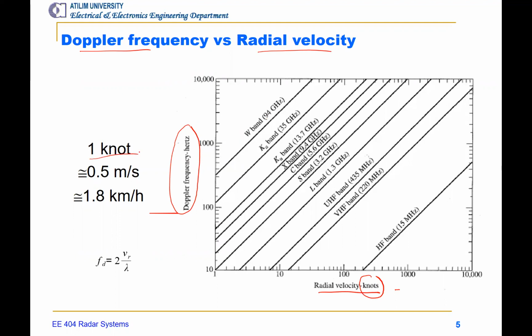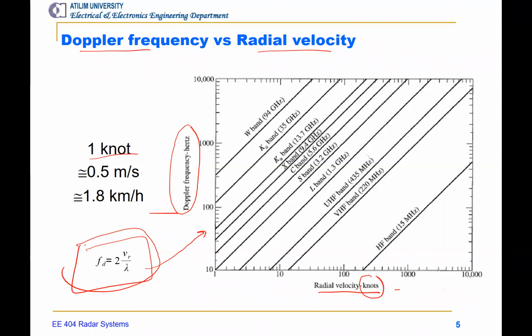Remember that 1 knot is 0.5 meter per second, which is about 1.8 kilometer per hour. And remember this formula. The textbook simply transforms this equation into a graph where you can easily see how Doppler frequency varies with radial velocity for different operational bands.